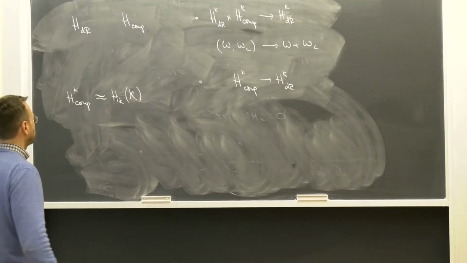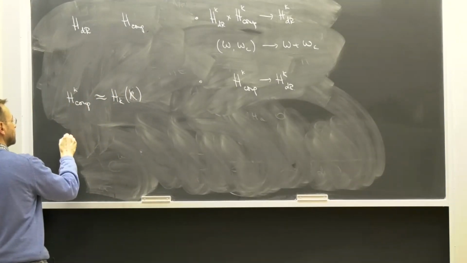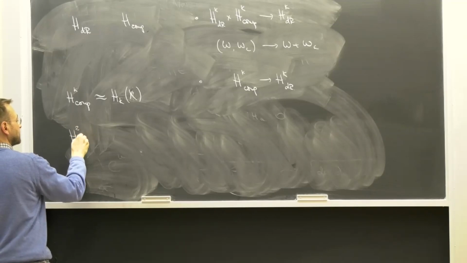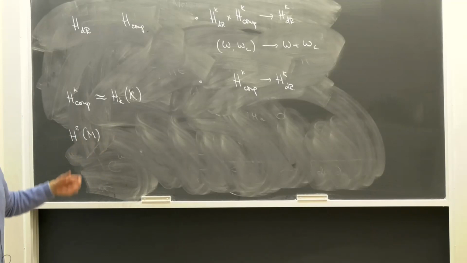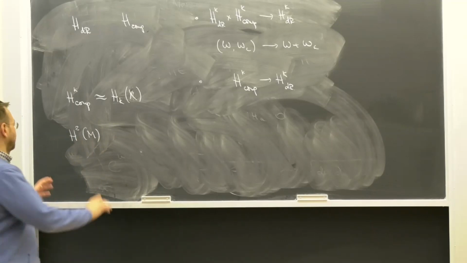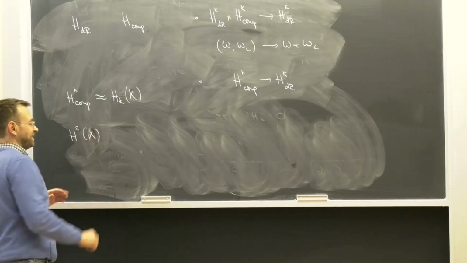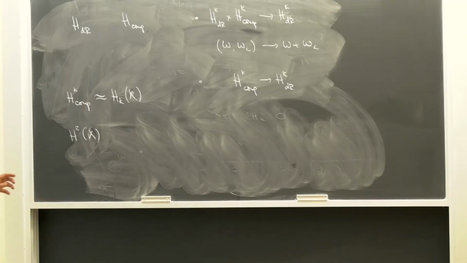Okay. So of course I will look at very particular examples. I will look at H2 of M. Sorry, I have a schizophrenia, yeah.